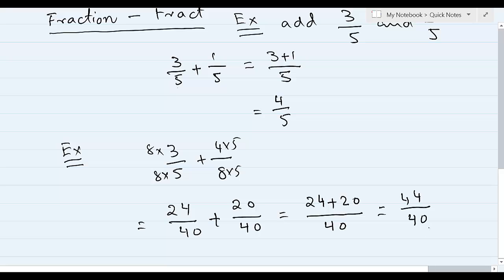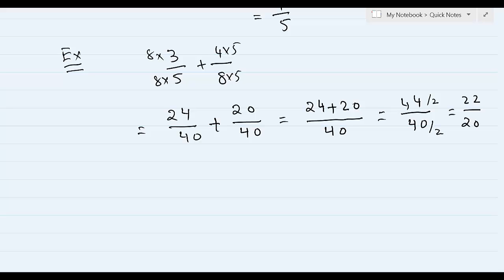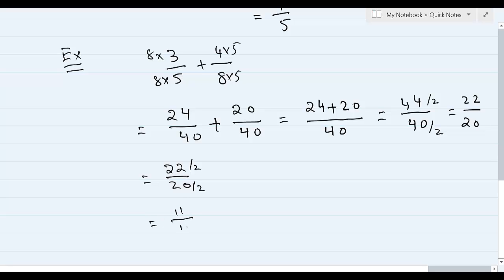Because both numbers in the numerator and denominator are even, to reduce them to smallest form, we can divide the numerator by 2 and divide the denominator by 2 as well. This will become 22 over 20. These numbers are still not in the lowest form, so we can further reduce them. Let's further divide by 2 and further divide this by 2. This will become equal to 11 over 10.